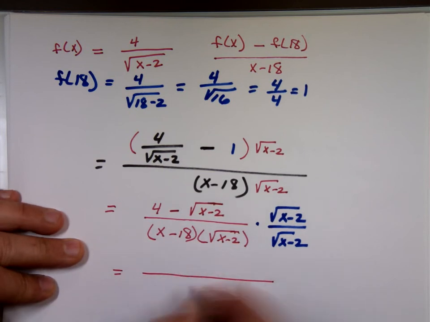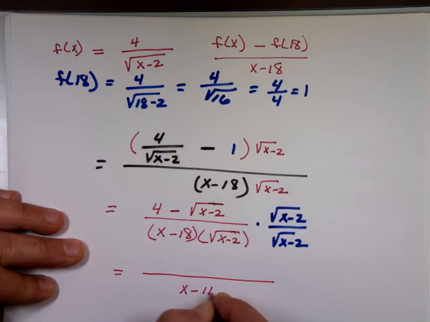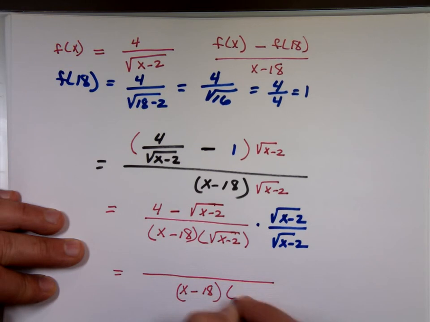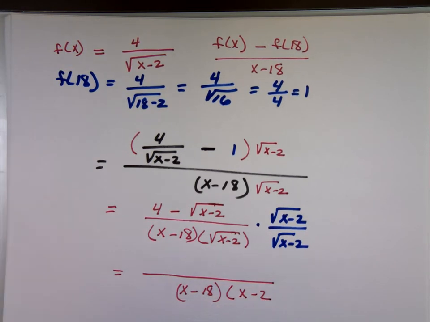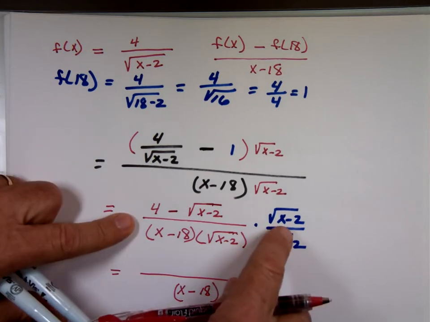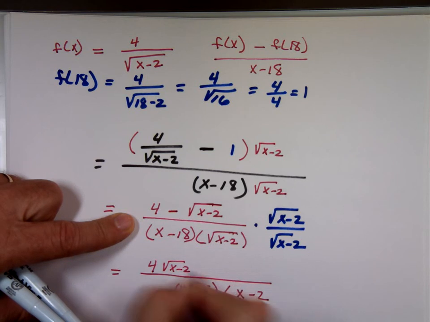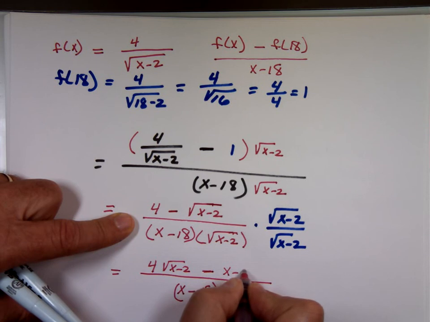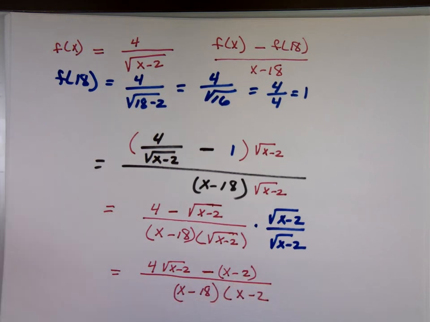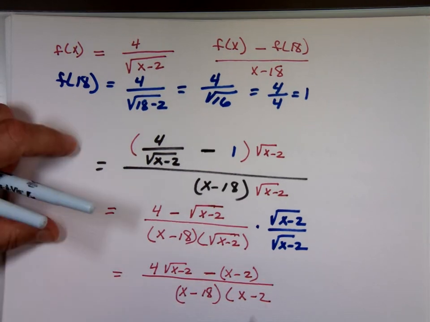So the bottom will be x minus 18 times what? X minus 2. And the top, if you multiply, that'll be 4 times the square root of x minus 2 minus what? X minus 2. And you can leave it like this, or you can distribute that sign.